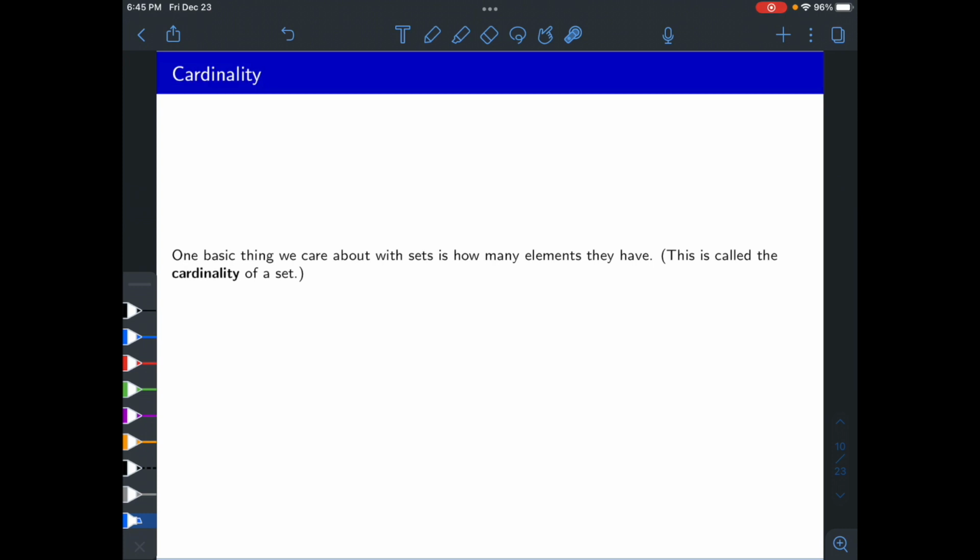One basic thing that we care about with sets is how many elements we have in the set. We call this the cardinality of the set. For the previous set of the four seasons, we would say that the cardinality is 4. The notation we use is to put our set over here, and then write n, parentheses, that set, equals whatever the cardinality is.